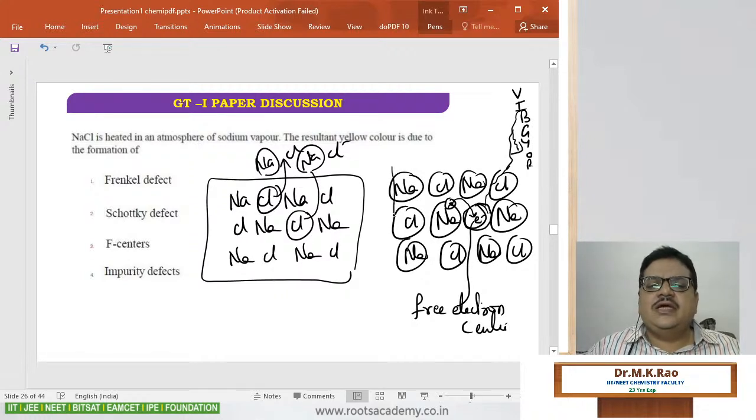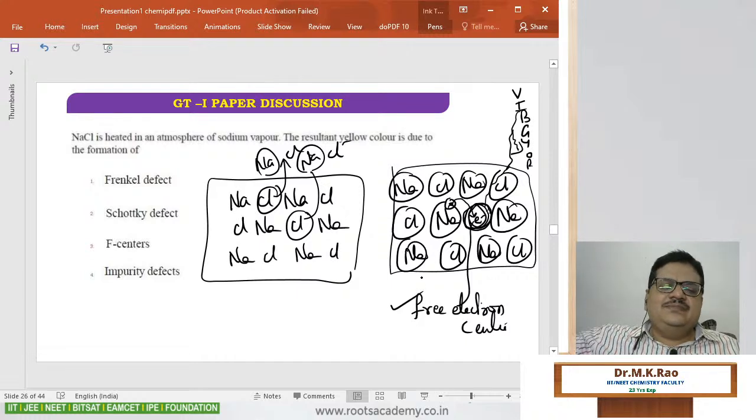So it looks yellow. It is due to the F center, the free electron center, or you can also call it a metal excess defect, or anion deficiency defect.